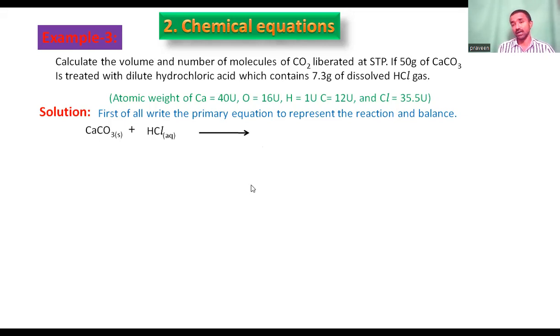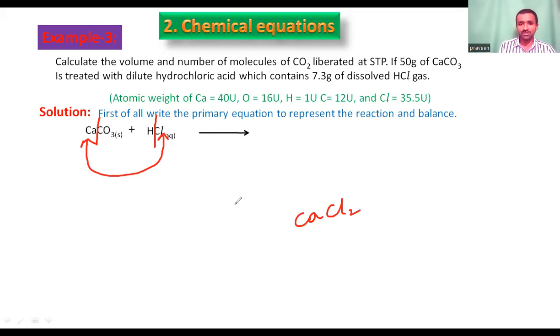Even if you don't know that reaction, there is no problem. Simply break it and combine the first and the last one.